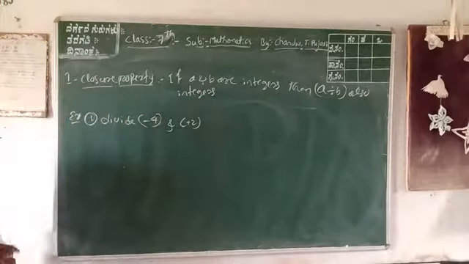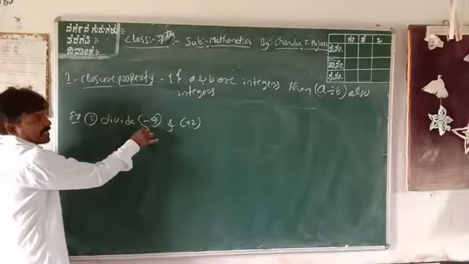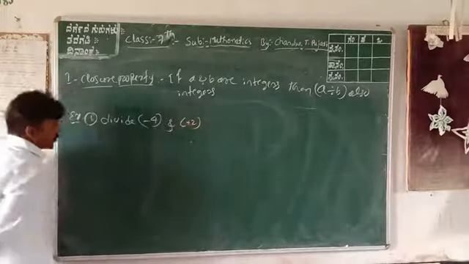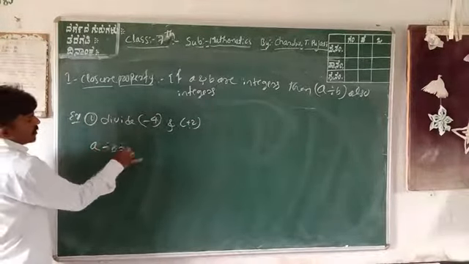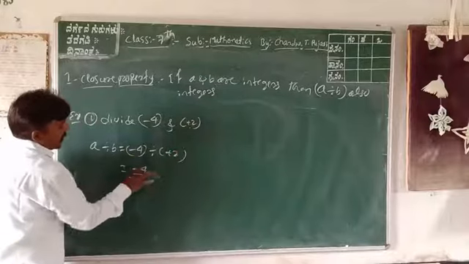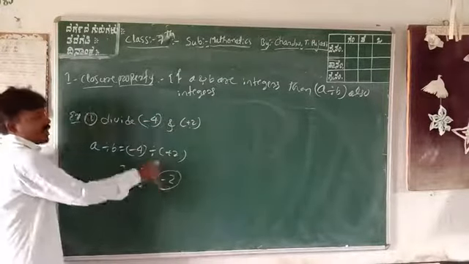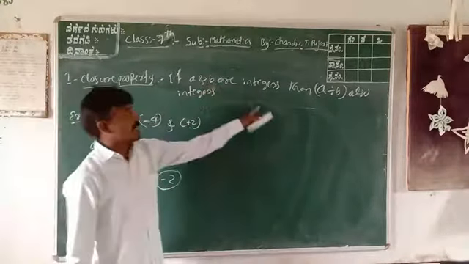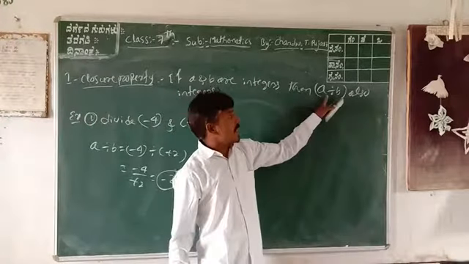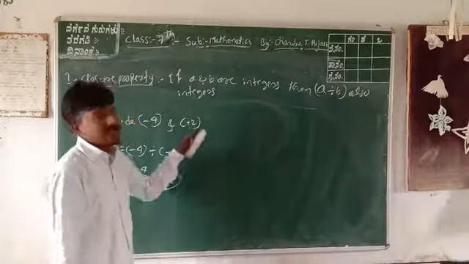For example, minus 4 is an integer, plus 2 is an integer also. Therefore, a divided by b is equal to minus 4 divided by plus 2, which is equal to minus 2. This minus 2 is also an integer. Sometimes it is also an integer.